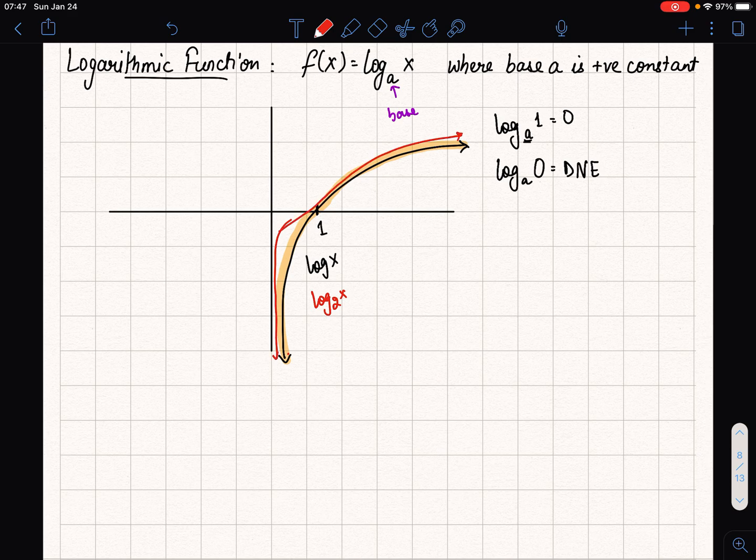Basically, it would move faster, is what I mean. If you have something like half log x, then the graph would move slower. Something like this, and so on and so forth. We'll learn about this more in the transformation of functions.